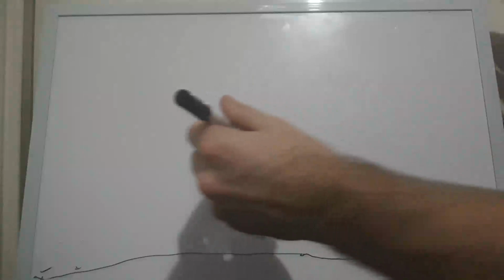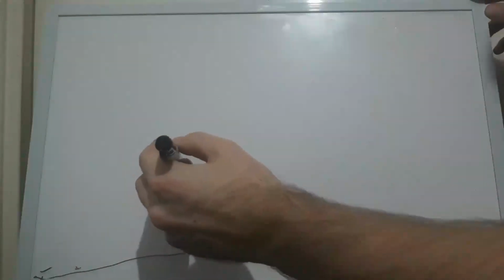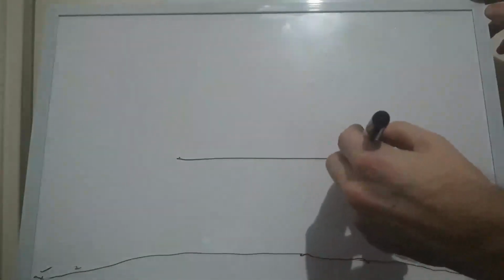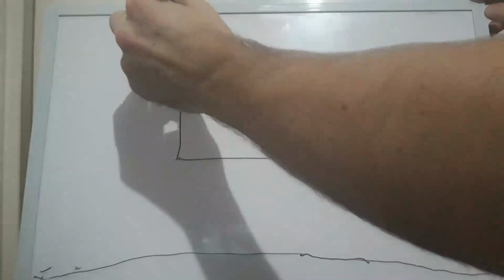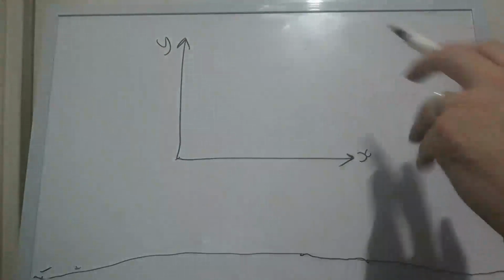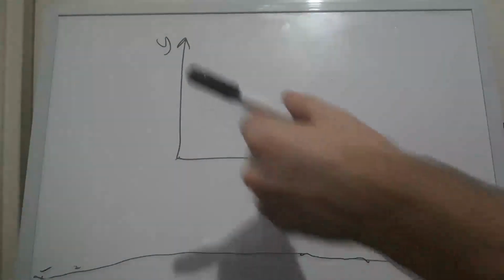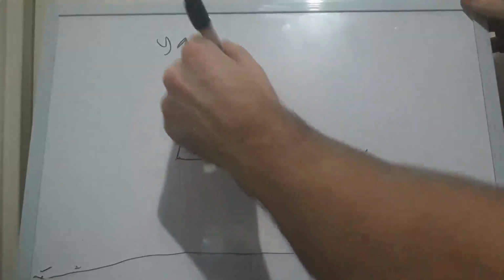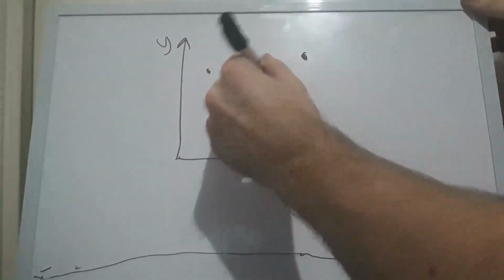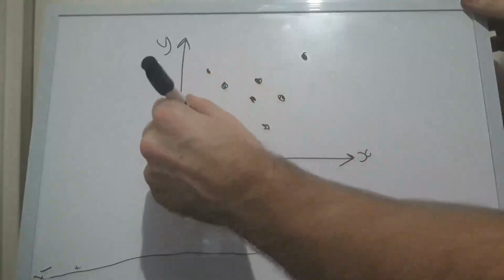There we go. Let's say that here is your x-axis, and here is your y-axis. We're not going to draw a line. We're just going to draw a bunch of dots. Dot here, dot here, dot there, there, there, dot there, dot there, dot there.